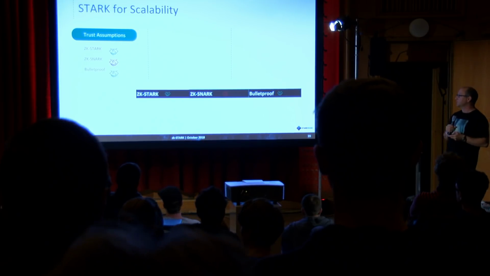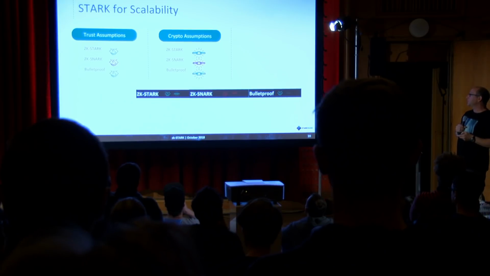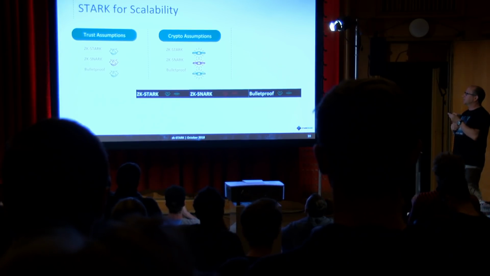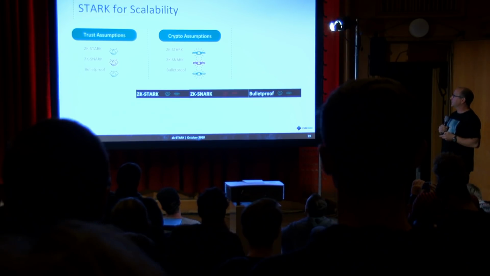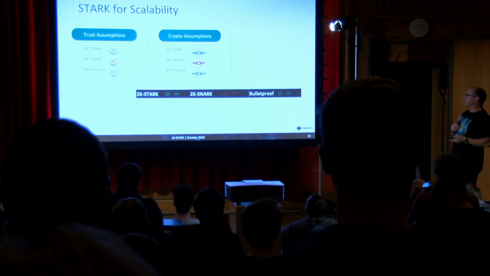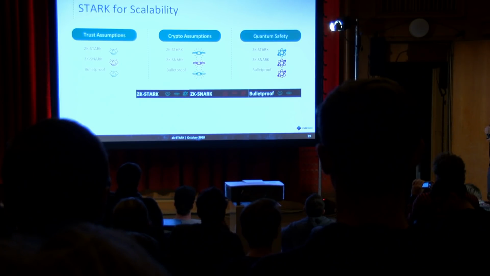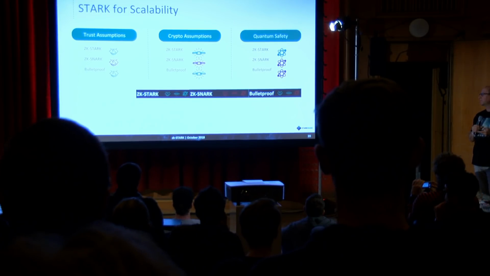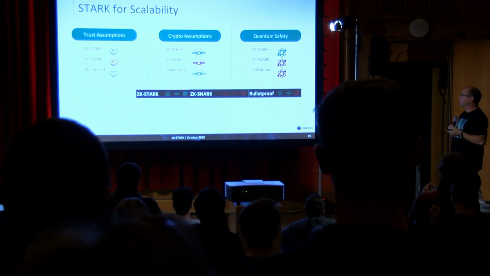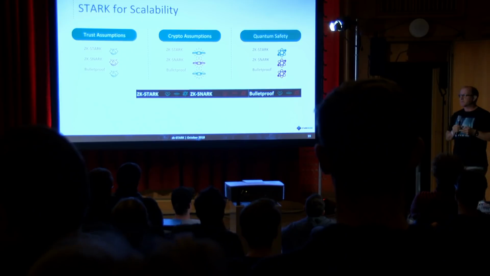They are transparent, which is good. If you look at the crypto assumptions, again, Stark and Bulletproofs have somewhat of, again, better reliance on them. And quantum safety, both Snarks and Bulletproofs rely on number theoretic assumptions that are breakable by efficient quantum computers.